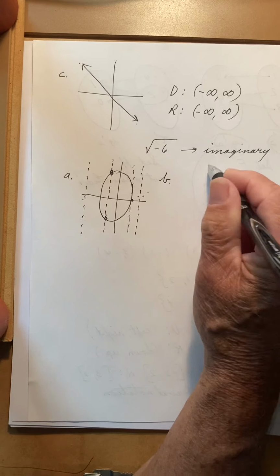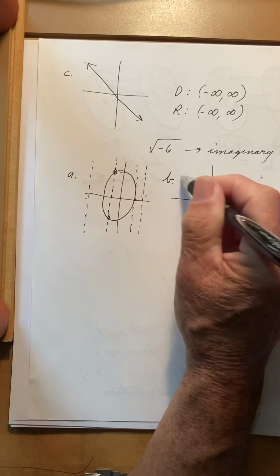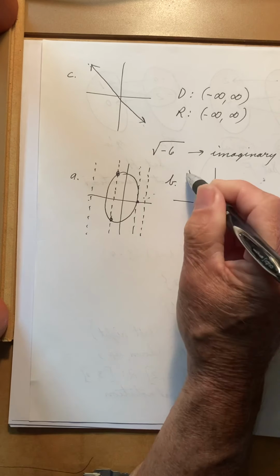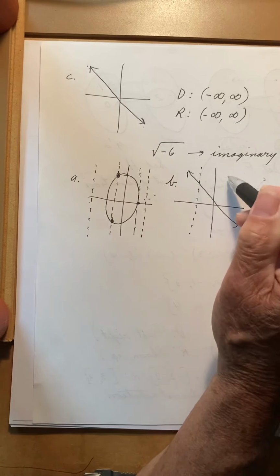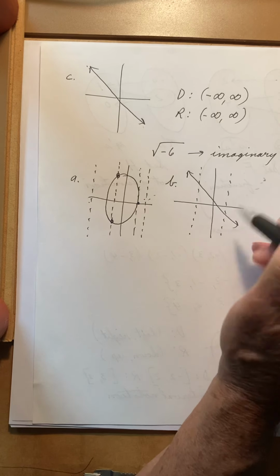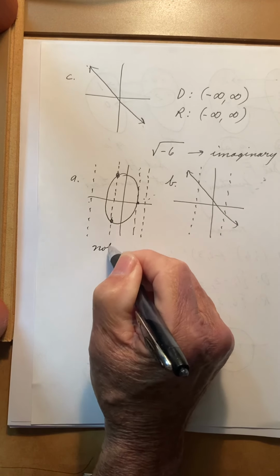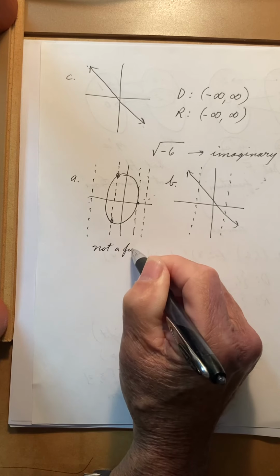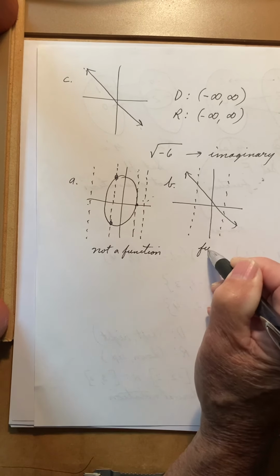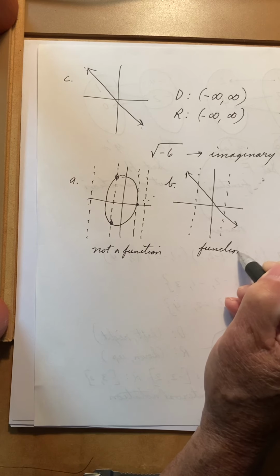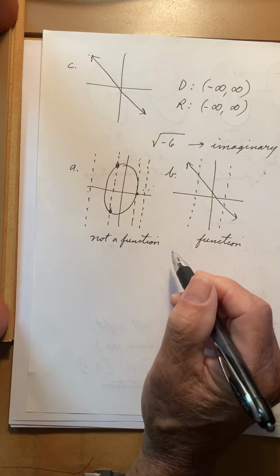So for part B, we have this graph. It doesn't matter where you draw a vertical line, it's only going to touch the graph one time. So this first one is not a function. The second one is a function, because the vertical lines do not touch the graph more than once.